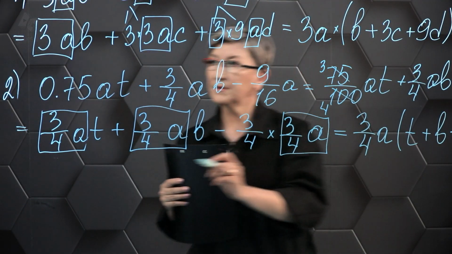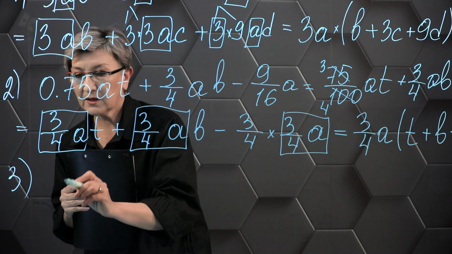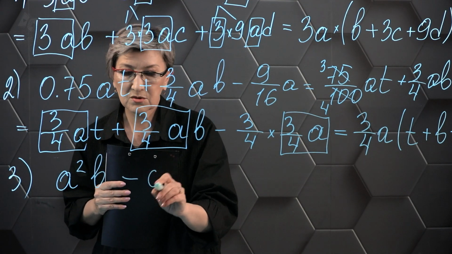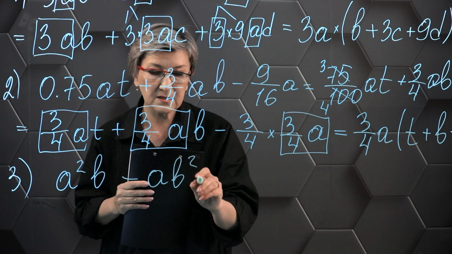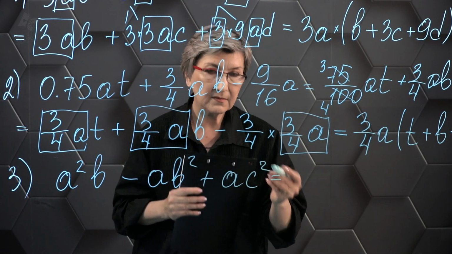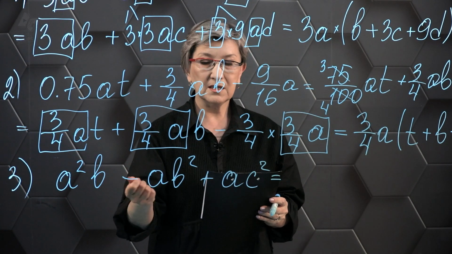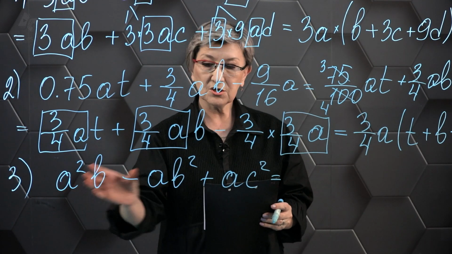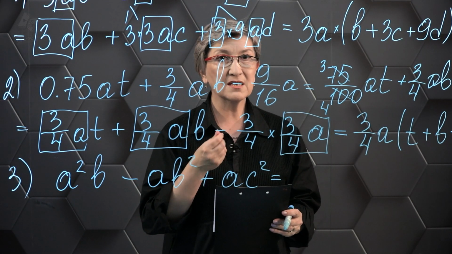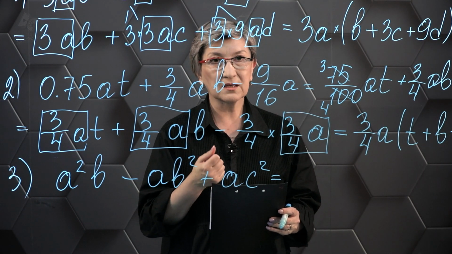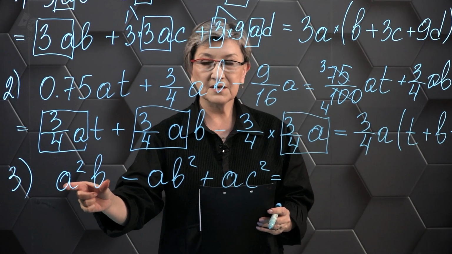And one more example, where I'm going to write down a squared b minus ab squared and plus ac squared. We can see that this expression contains only the letter part. Of course, each summand has a coefficient that equals 1. But we're not going to write down the coefficient, but focus on the letter part.